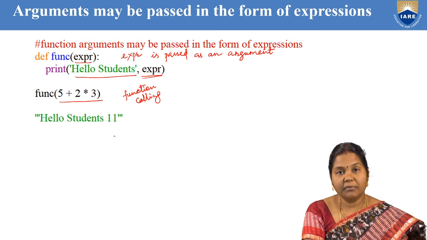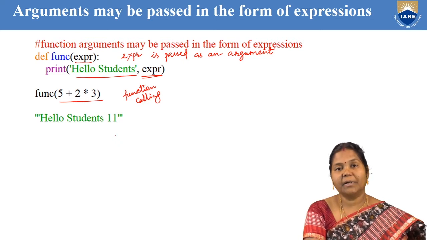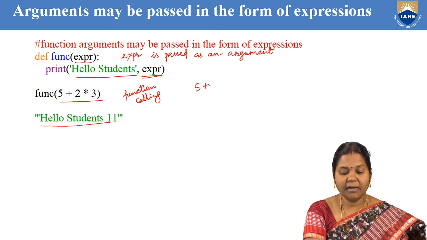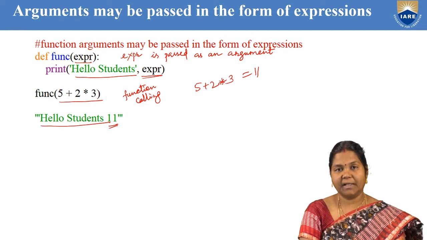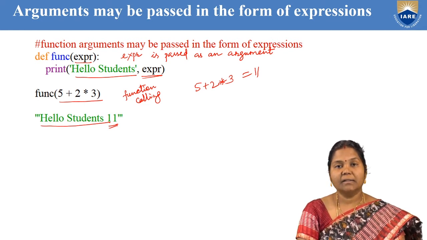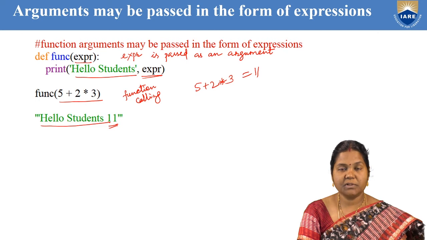It will evaluate the expression and print the result along with a string. So in the output, you will find hello students, and then 5 plus 2 into 3 is evaluated, which is 11. So hello students followed by the expression value 11 is displayed. You need to understand that while passing arguments to a function, expressions can also be written.